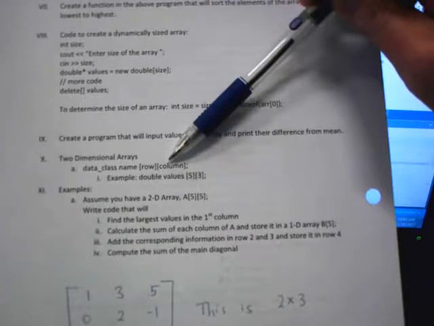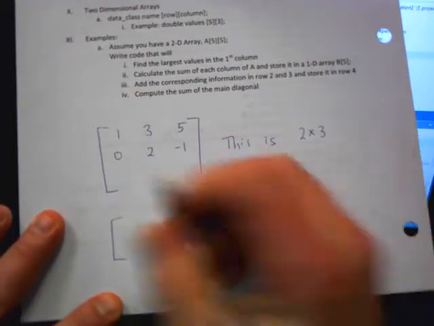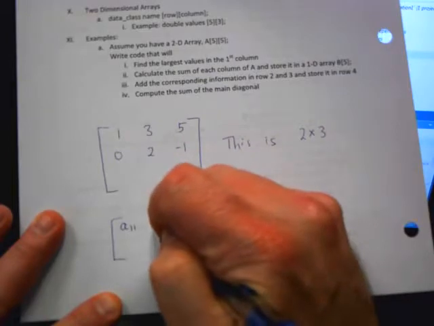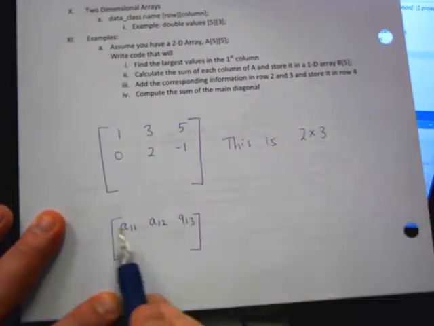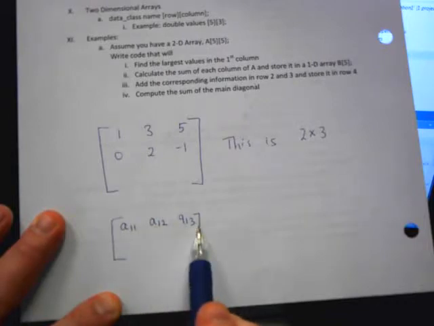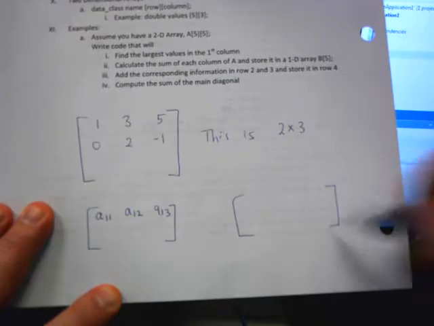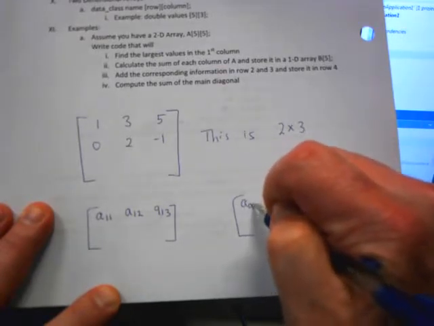And again, it's a little bit confusing because in math, when we write a matrix, this position we would usually call A11, this one we would call A12, and this one we would call A13 if we were going to have three things across. Unfortunately, in C++, we don't do that. We start at 0, so this one's A00.